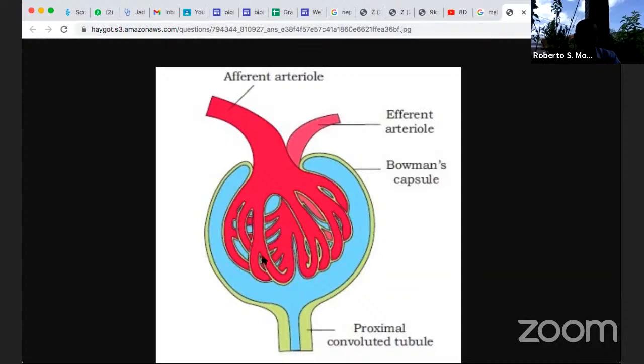From here, circulating, kicking out things, and then the blood will flow back out. So this is the efferent arteriole. So afferent goes towards the glomerulus, efferent leaves the glomerulus. Afferent towards glomerulus, efferent away from glomerulus, something like that. Do you understand that?